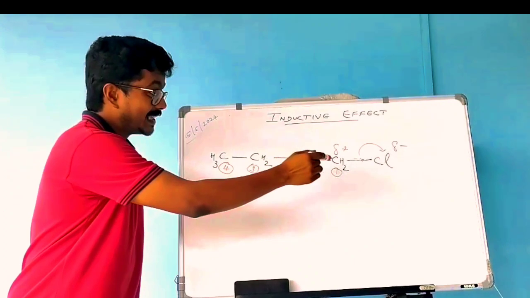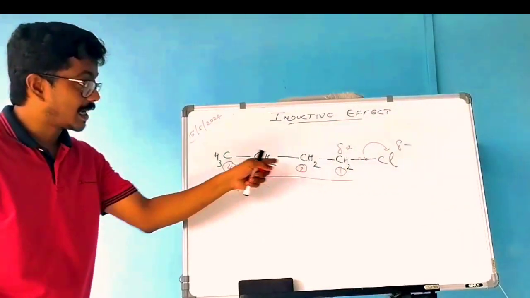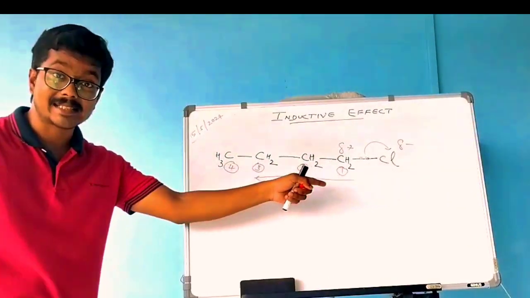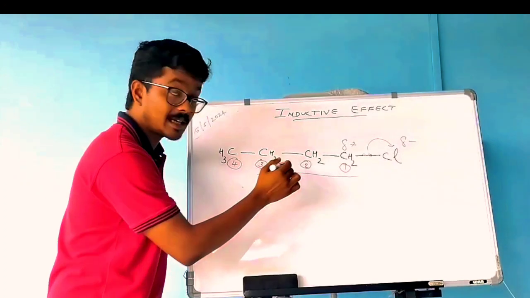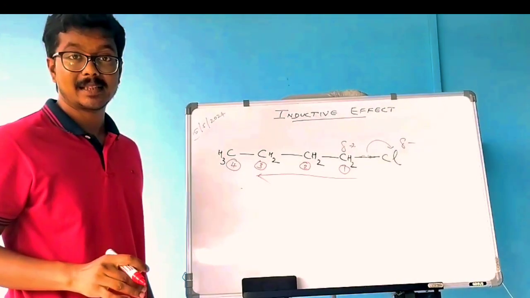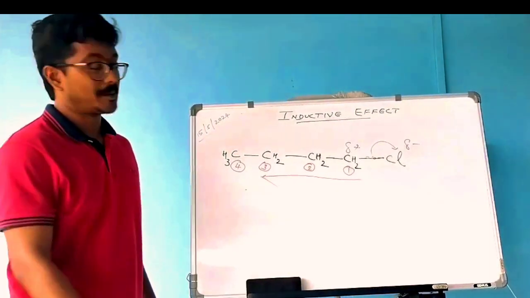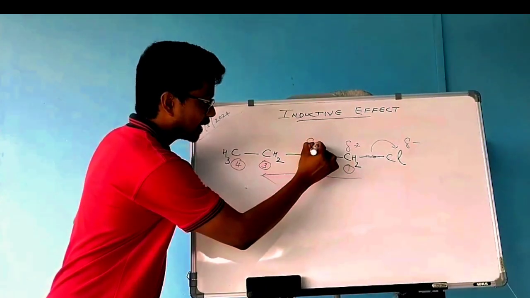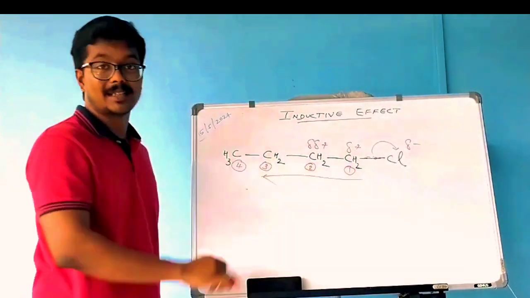This effect is extended throughout this carbon chain. As a result of that, the second carbon also experiences a part of the pulling power of the chlorine atom. This creates a partial positive charge, but less than the first carbon.